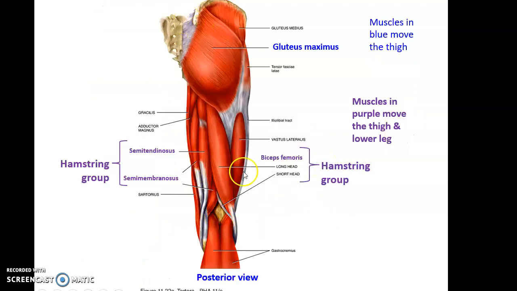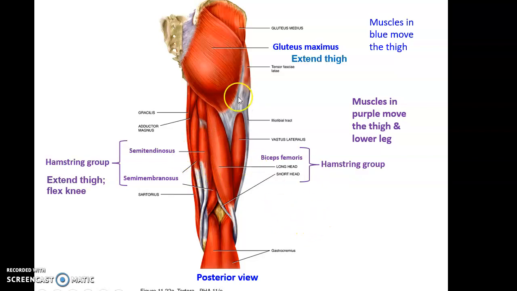All right, this posterior view of the thigh gives us a good view of gluteus maximus. Gluteus maximus, the major muscle of the buttocks. And then this group of three muscles here are the hamstring group. So the gluteus maximus helps to extend the thigh at the hip joint, so pull it posteriorly.